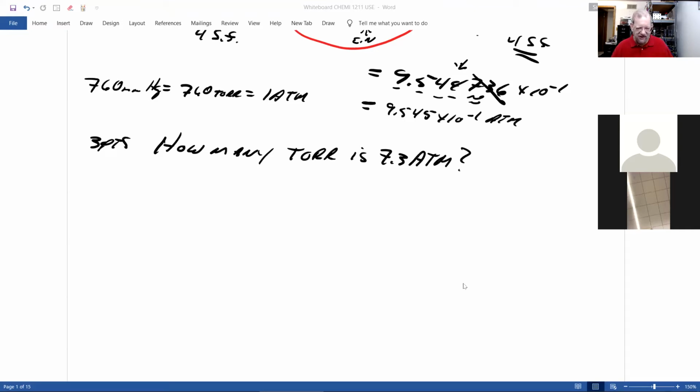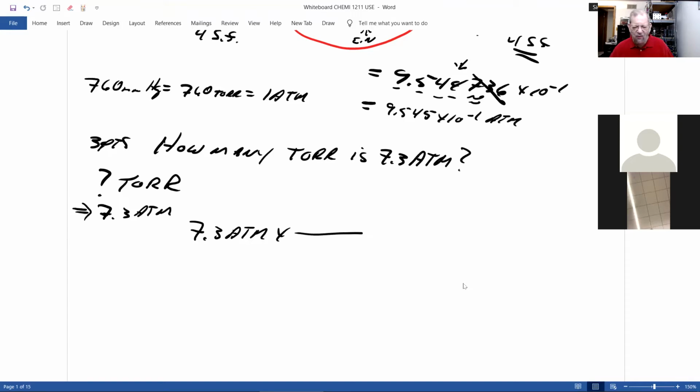Let's get to work. What are you being asked to find? Torr. What are you given? 7.3 atmospheres. This is the only number I have to start with, so I will. And what units do I want my answer to be in?